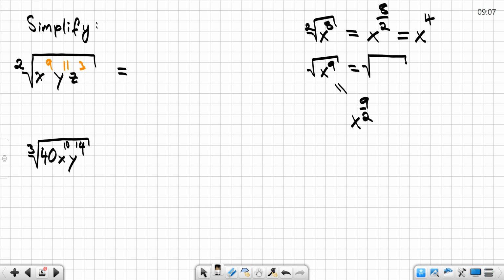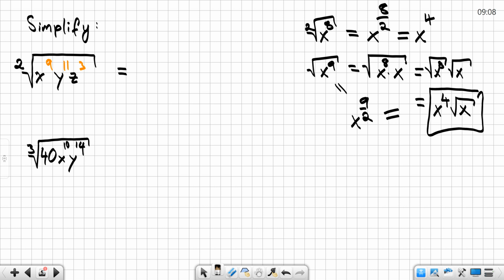So I have a little bit of a problem. But what I can do is I can break this into two factors, x to the 8th times x to the 1st. And now I could break this into the square root of x to the 8th times the square root of x. And I would end up with x raised to the 4th times the square root of x. So all of these are the same things. This is the way that we want to rewrite this.